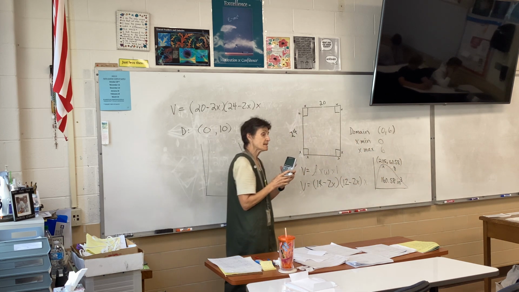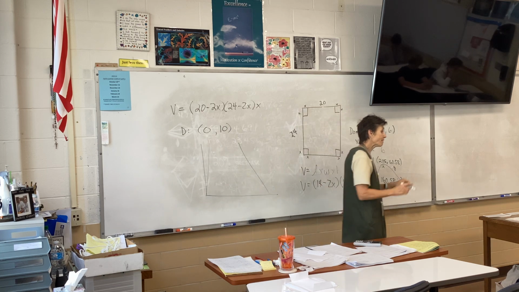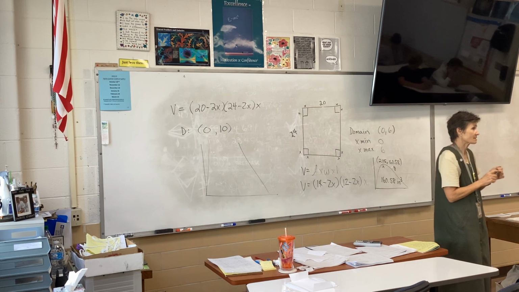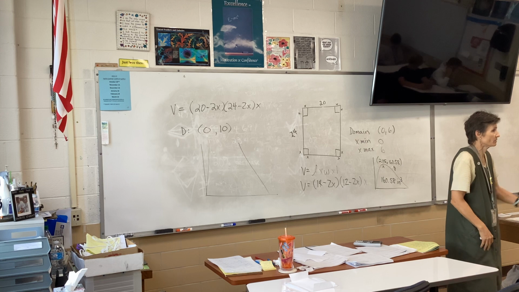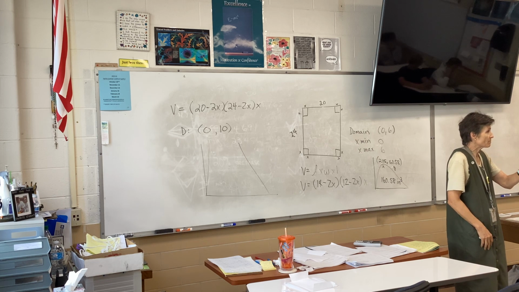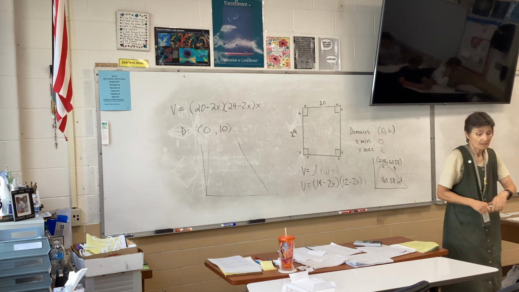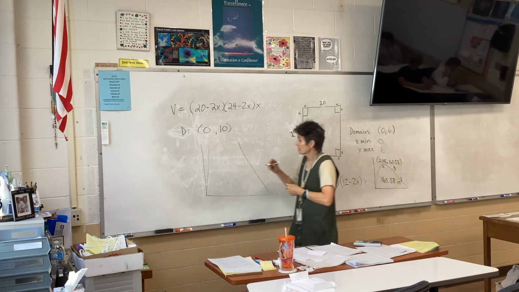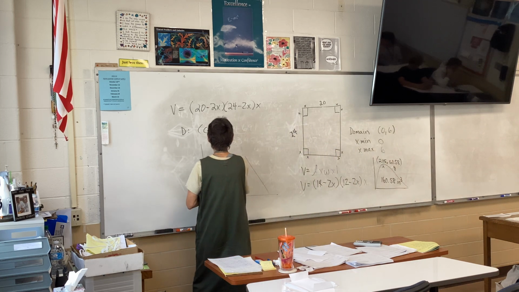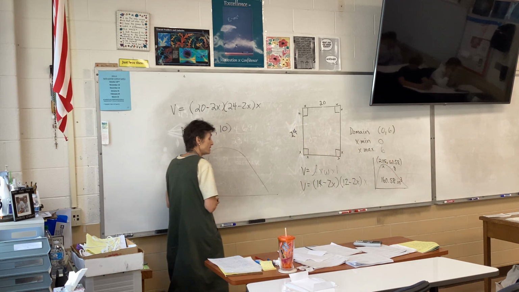So do you see how I have to guess my Y max, but if I guess wrong, it's no big deal, you just guess again, right? And the objective is to see the top. So as soon as you can see the top, you're good.